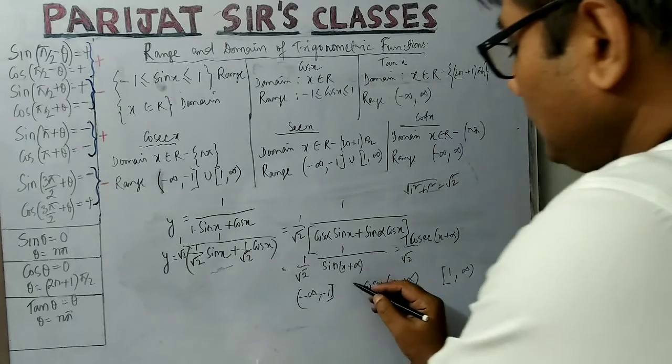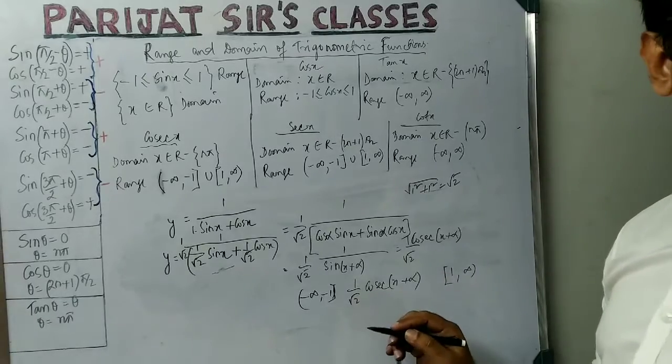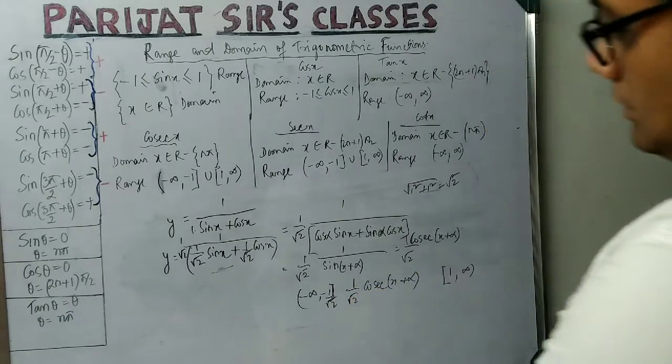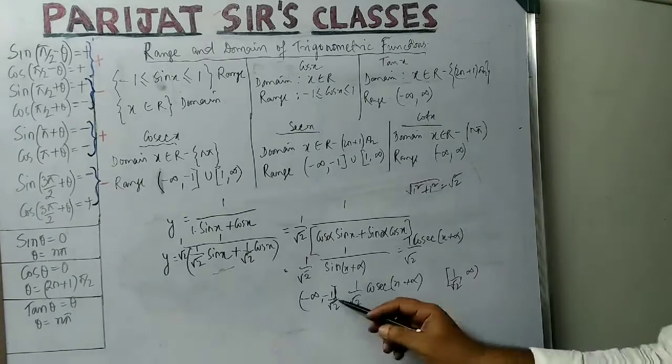And now we have to multiply with 1 by root 2. So this will become minus 1 by root 2, and this will become 1 by root 2. So this is the range of this function.